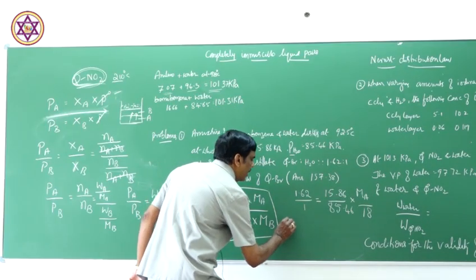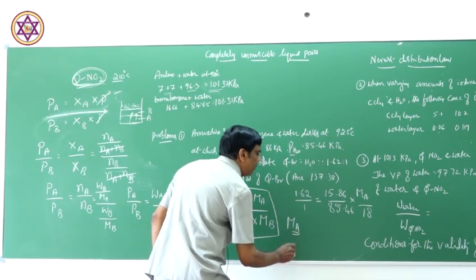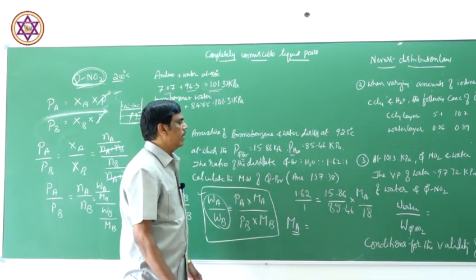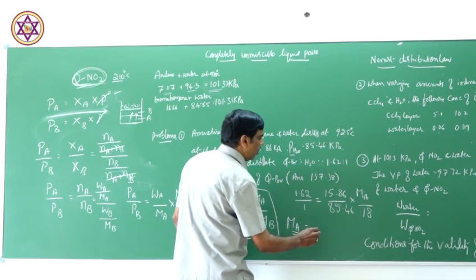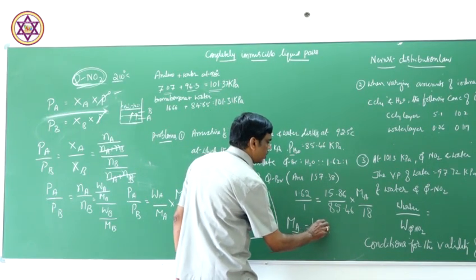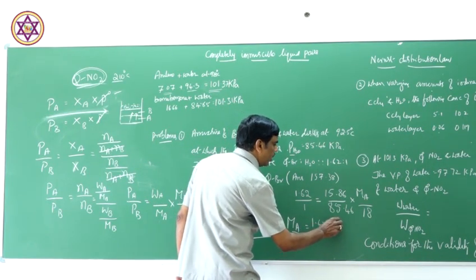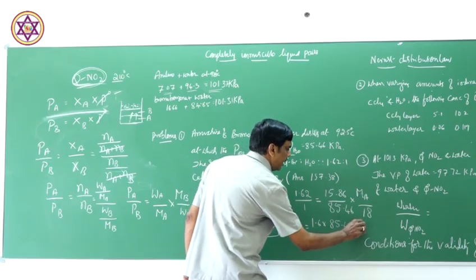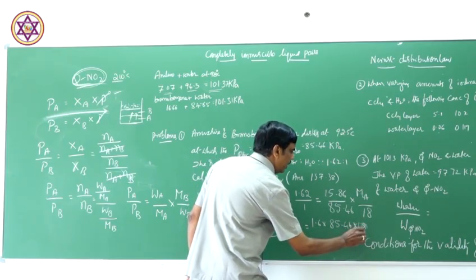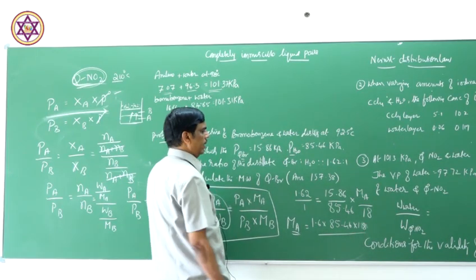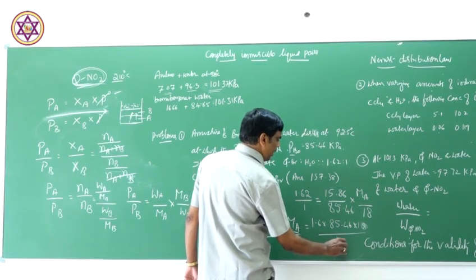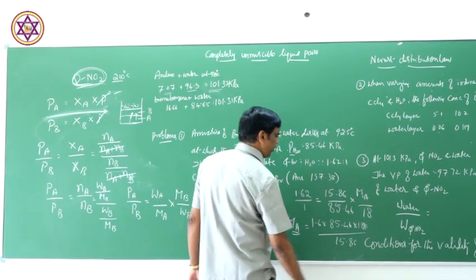Therefore, molecular weight of bromobenzene is equal to 1.62 into 85.46 into 18 divided by 15.86.